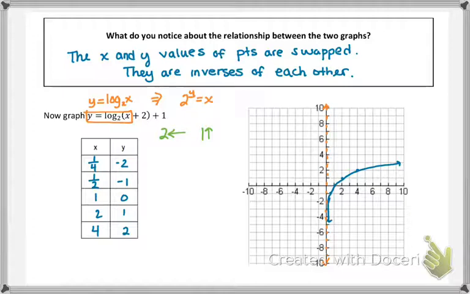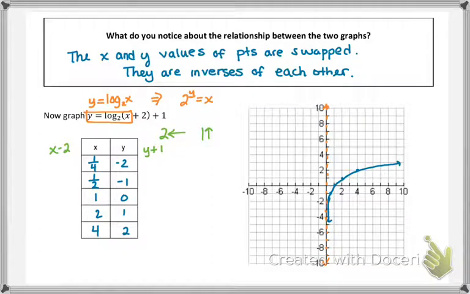Okay, so you can do one of two things. You could take your table, you can do x minus 2, because I'm going left 2, and then y plus 1 and get your new table. Or you could just take your 5 points and just slide it over left 2, up 1, okay?